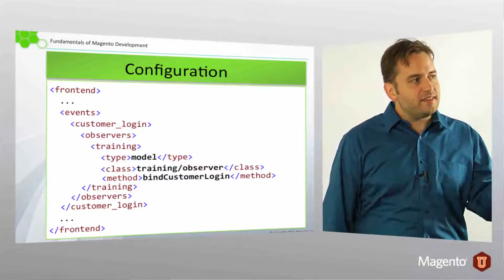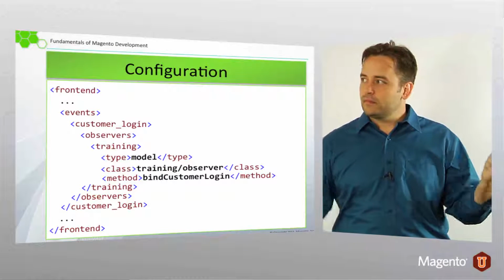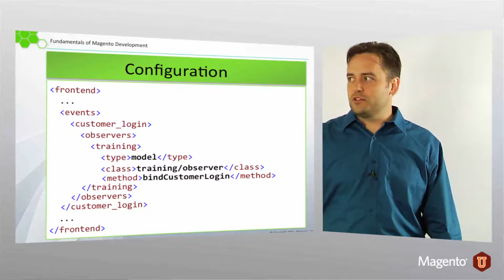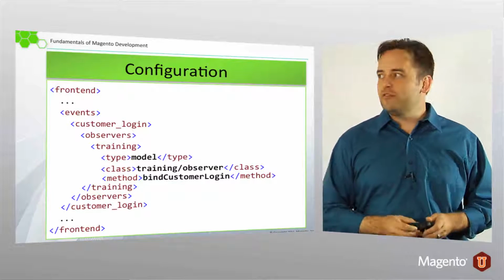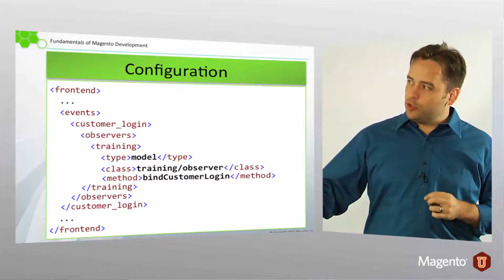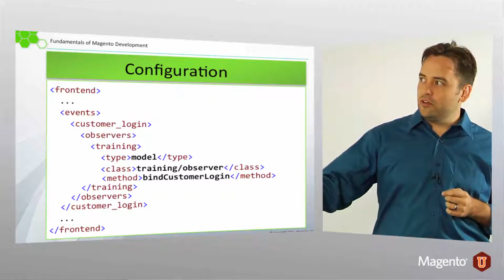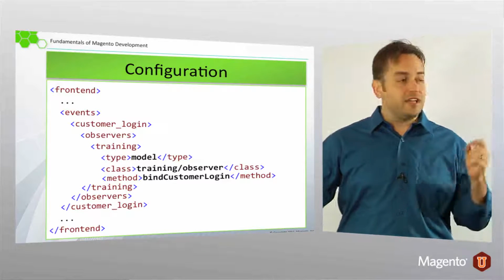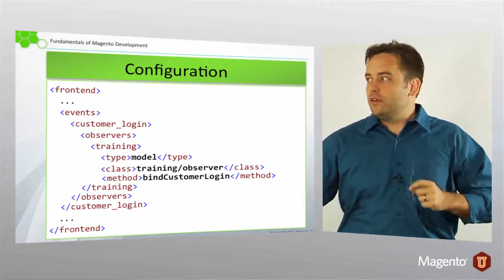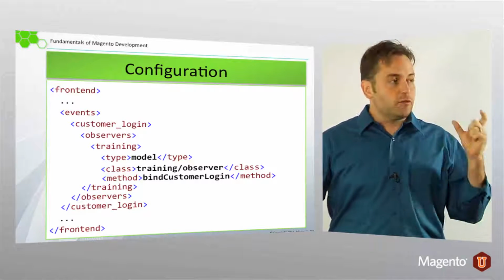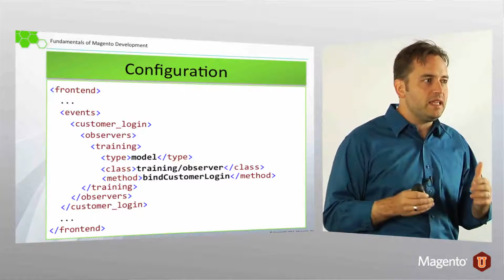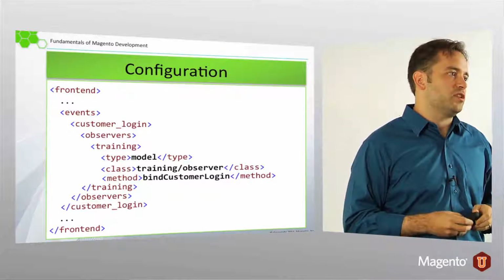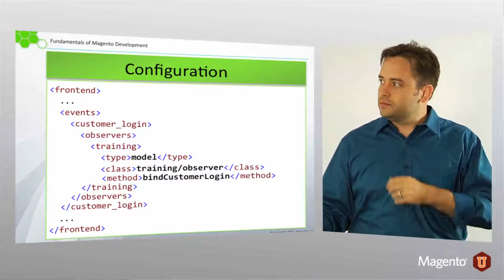And then inside that node, we have an observers node. So basically, you could consider that every event fired in the system could be specified as a node under events, and then inside each of those nodes, you would have an observers node. The reason we have plural here is because there could be many different observers attached to any given event.